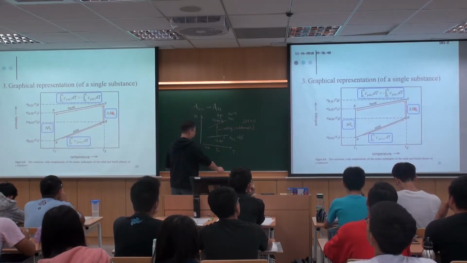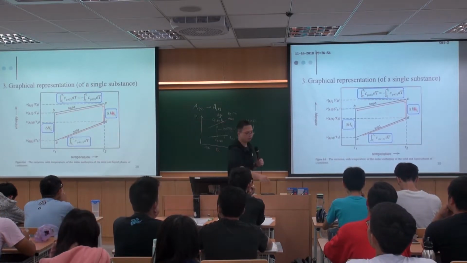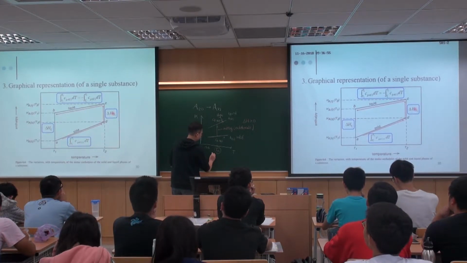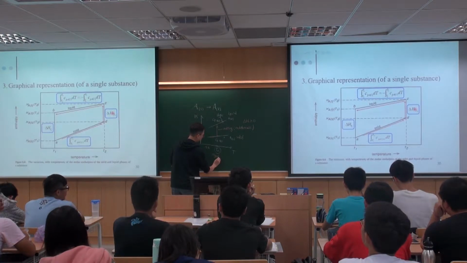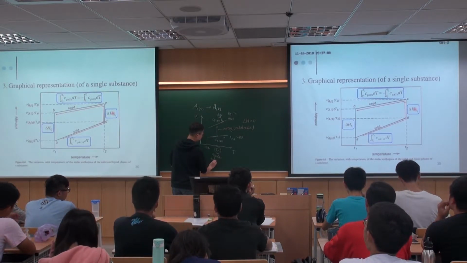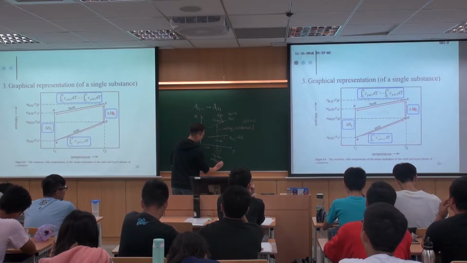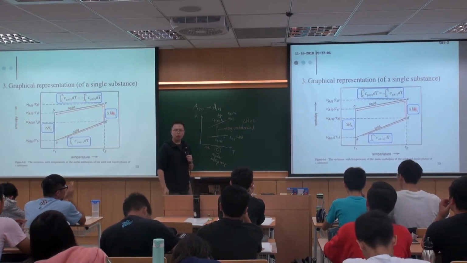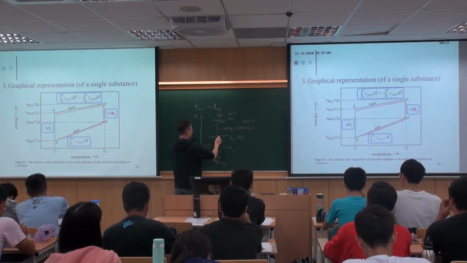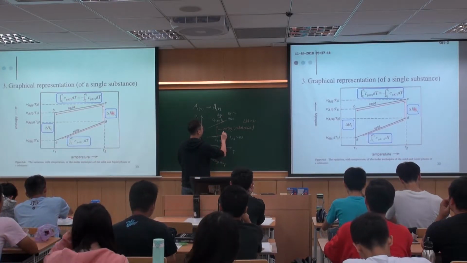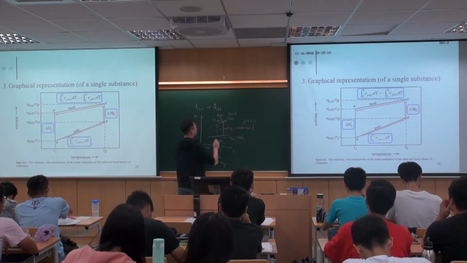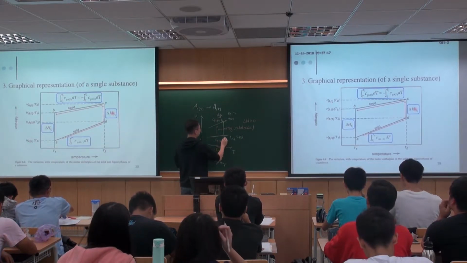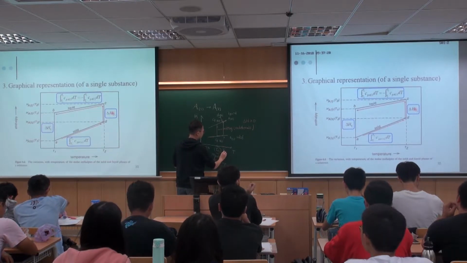Or, for instance, this is the normal case. This is a regular melting temperature. If, for instance, somehow we can raise the temperature and make a phase transition at an even higher temperature, then what will happen? Let's say this is Tm prime.